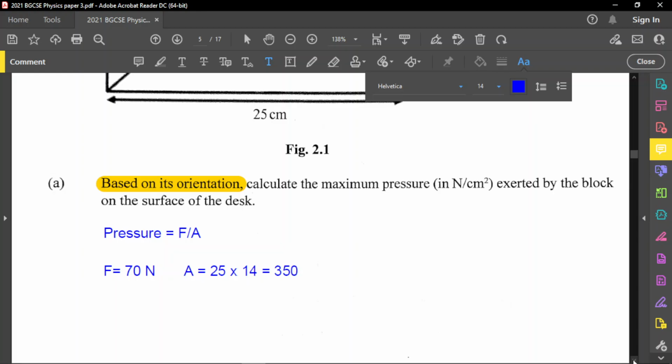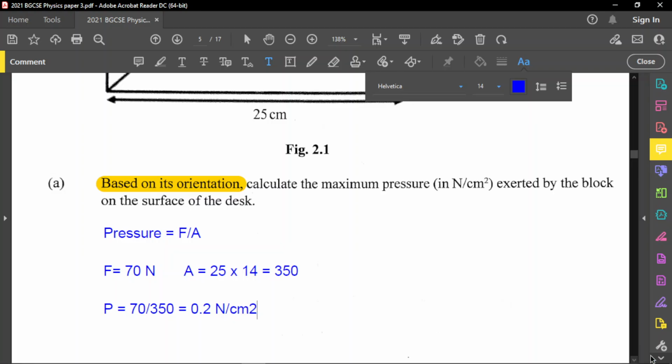And so our answer in terms of pressure, P equals the force, which is 70, divided by our 350, and that equals 0.2 newtons per centimeter square.